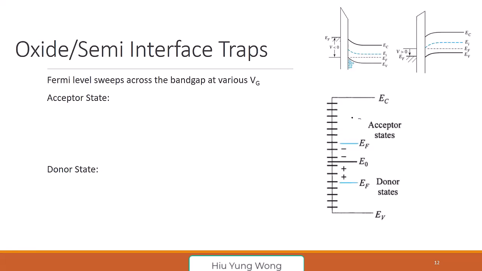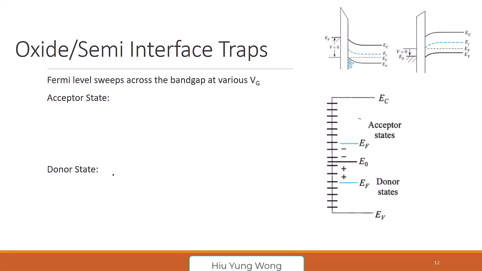So two types of state of traps. One is called acceptor, one is called donor. Okay, so how to memorize this? Let's talk about donor first. Donor, right? You donate something, right? When you donate, it means that before you donate something, you are neutral, right?